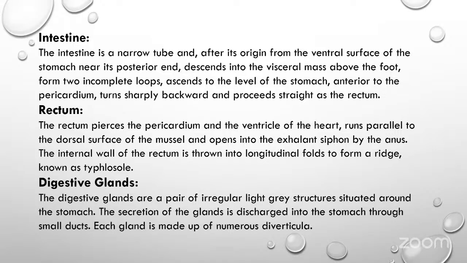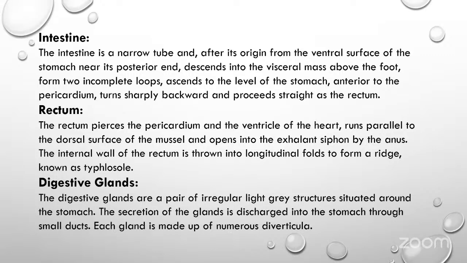Next, the intestine. The intestine is a narrow tube, and after its origin from the ventral surface of the stomach, near its posterior end, it descends into the visceral mass above the foot and forms two incomplete loops, ascends to the level of the stomach, anterior to the pericardium, turns sharply backward and proceeds straight as the rectum.